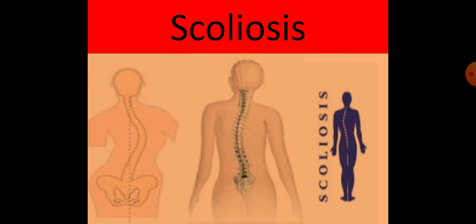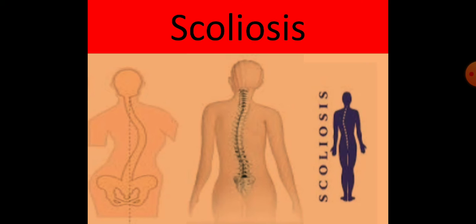We can see here in the first one the spine is moving towards the right. In another one, in the middle, we can see it is moving towards the left, a C curve. The third one is also a C curve.